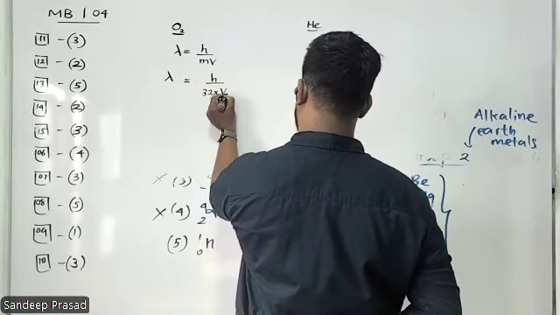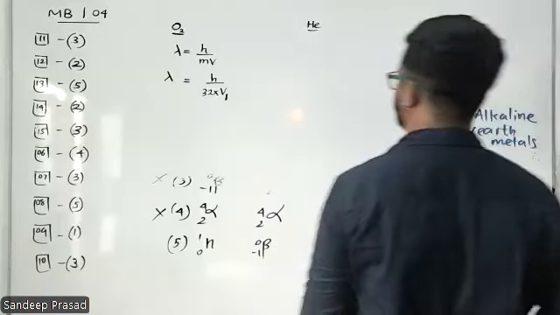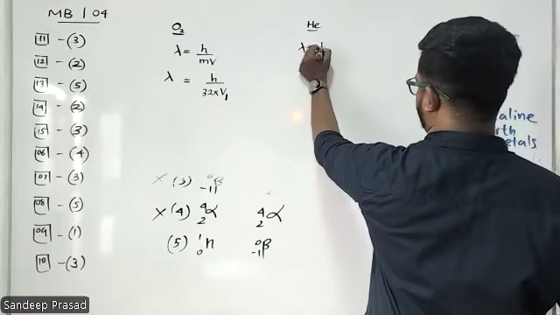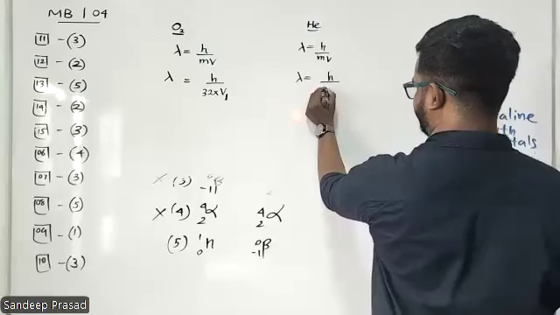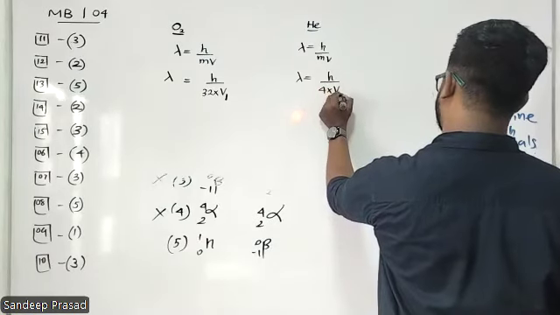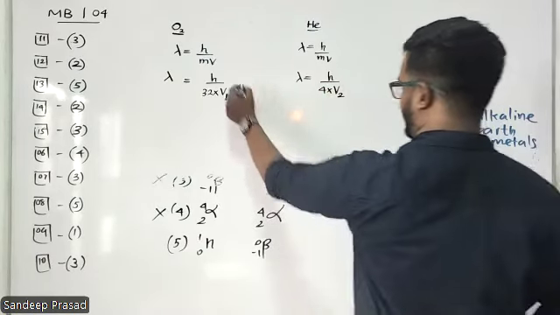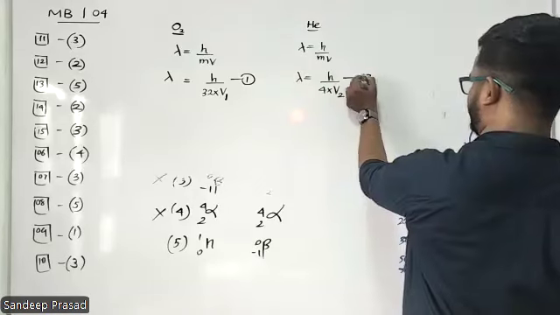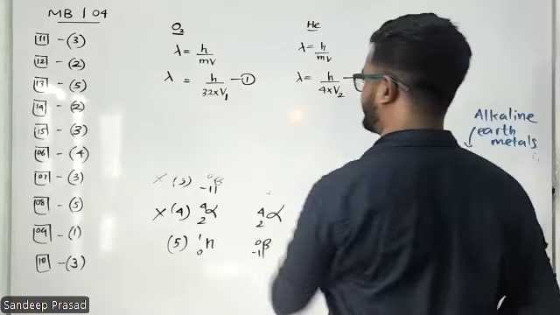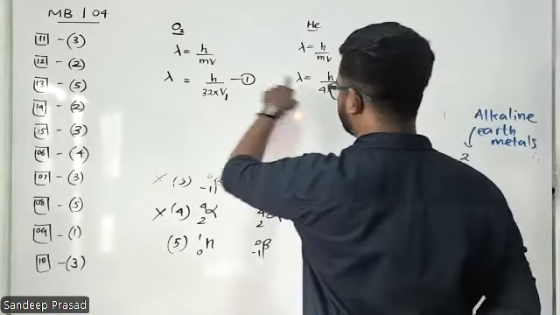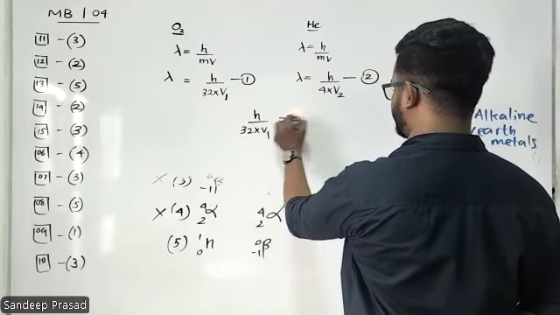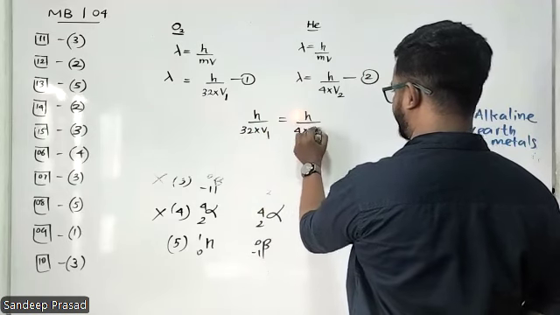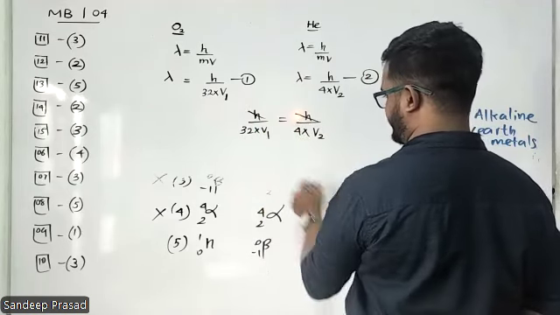Let me consider velocity is v1. Okay, and the same thing for helium. Lambda equals h over mv, helium mass is 4. Let's consider that velocity is v2. Let's take this as number 1 and number 2. Number 1 and number 2 are both the same because lambda is the same, right? h over 32 into v1 equals h over 4 into v2. h cancels off.